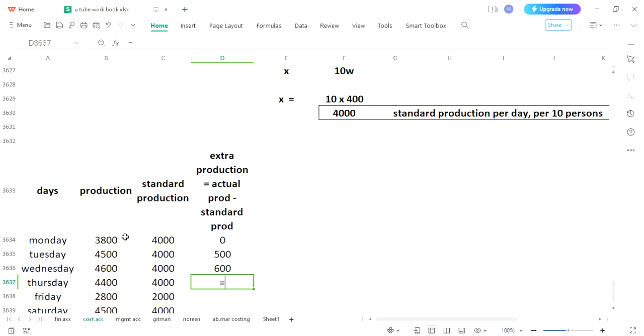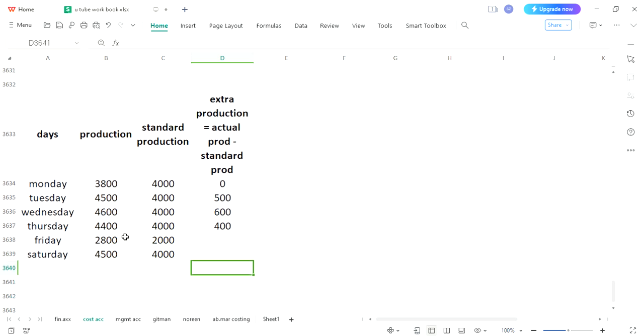Yes, they have produced extra. Thursday 4400 units produced, target 4000. Yes, extra units produced. On Friday 2800 produced, target was to produce only 2000. Yes, extra production was made. Then we have 4500 on Saturday, and standard was 4000. These are extra units they have produced.